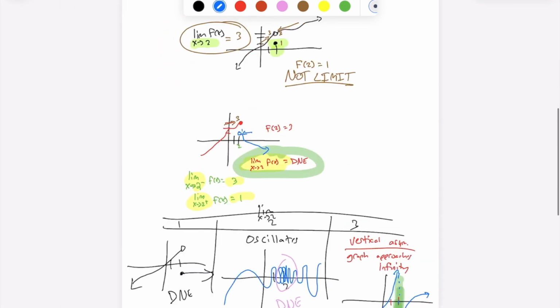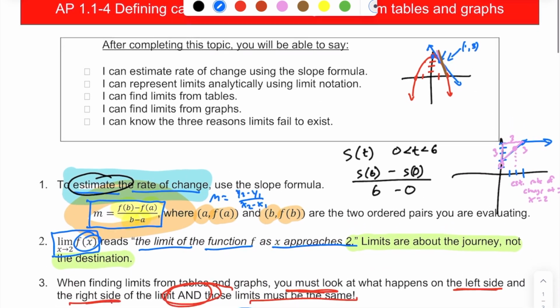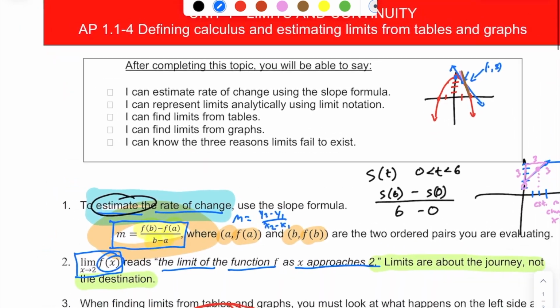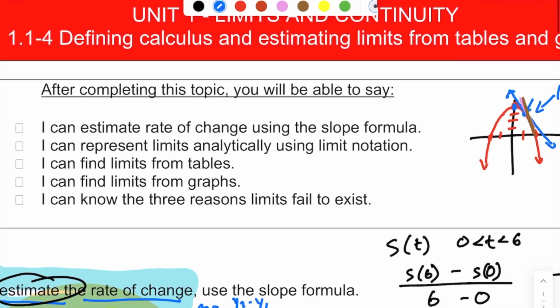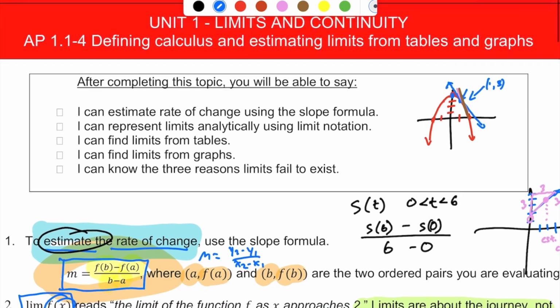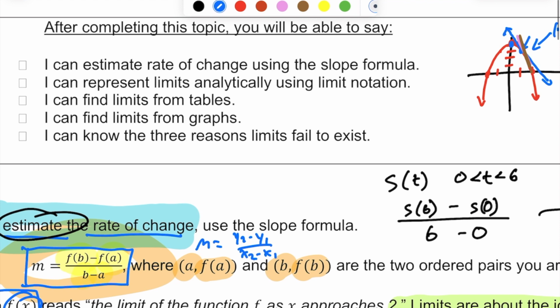Okay, so there you go. There is a quick overview of calculus. The first 4 lessons, 1 through 4, defining calculus, estimating limits from tables and graphs. I hope you can say these things, or as you practice these things, you'll be able to say you can estimate the rate of change using the slope formula.